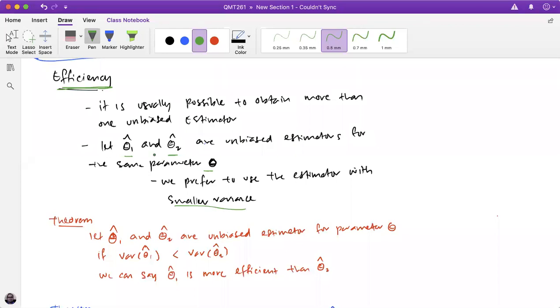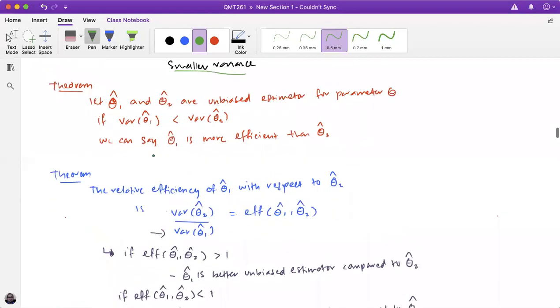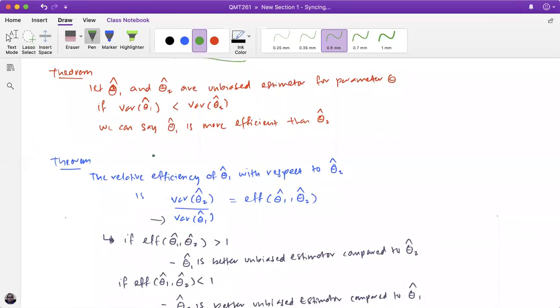The one with the smaller variance is more efficient, better than the other estimator. Now look at the theorem. Let theta 1 hat and theta 2 hat be unbiased estimators for parameter theta. If the variance of theta 1 hat is smaller than the variance of theta 2 hat, then we can say that theta 1 hat is more efficient compared to theta 2 hat.